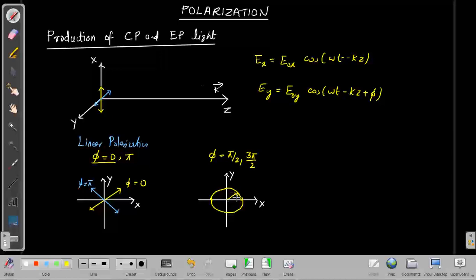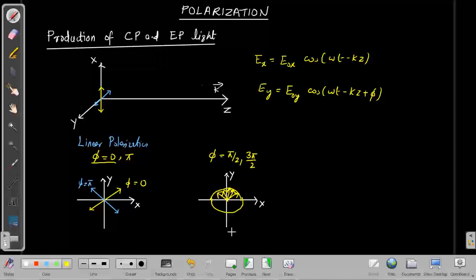At some time the electric field vector will be like this. After some time the electric field will come like this, and then like this. So the electric field vector will start rotating with time. Such kind of polarization is called circular polarization.